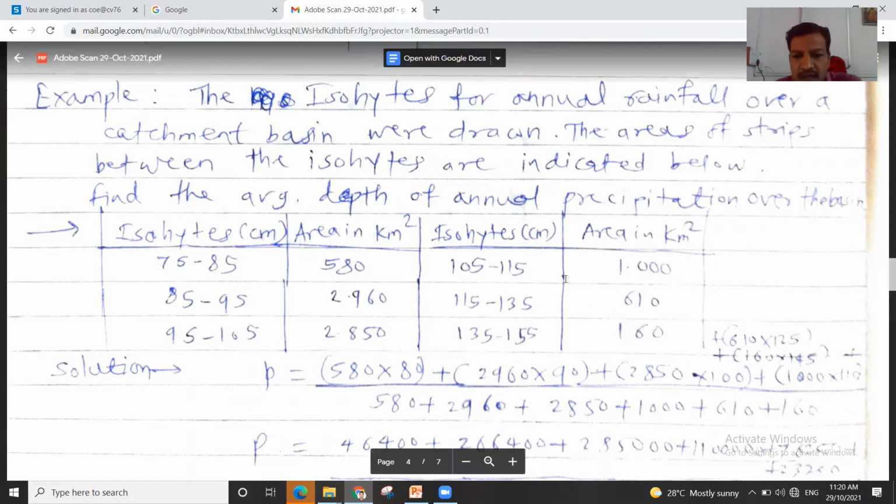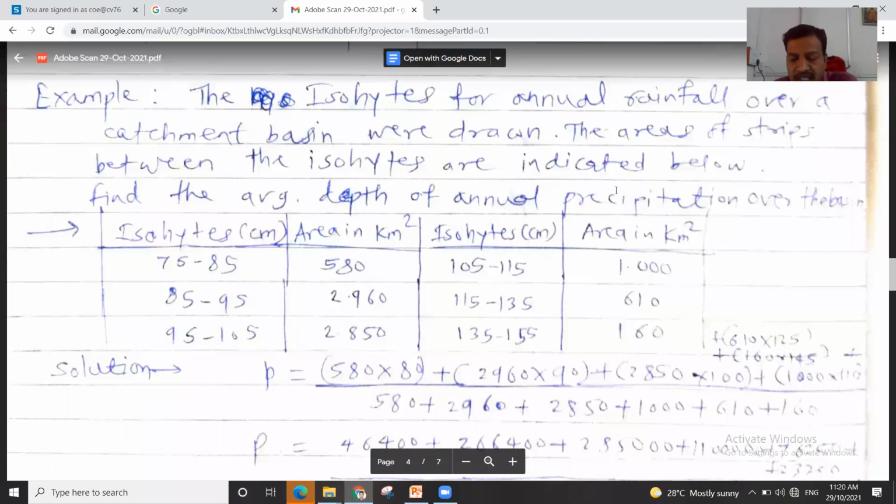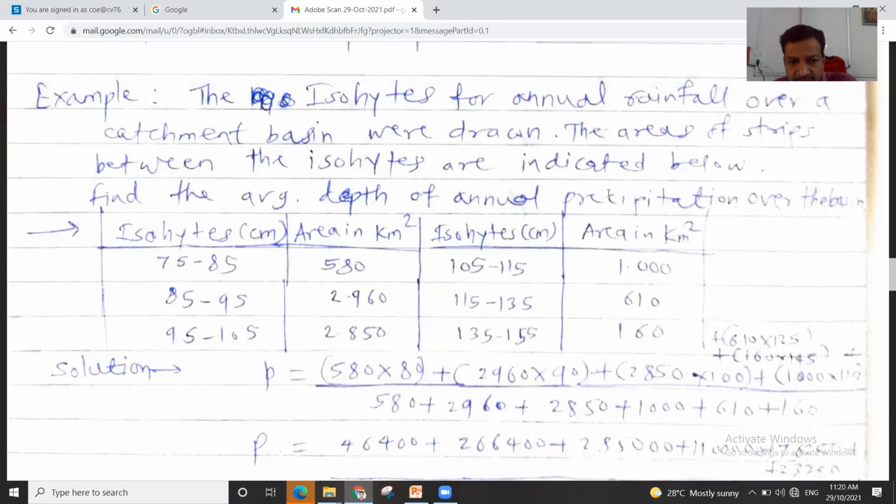Write down this example. तर काय करायचं आहे? Find the average depth of annual precipitation over the basin. Annual precipitation करायचं आहे in that catchment area, the catchment basin. Catchment basin म्हणजे काय?